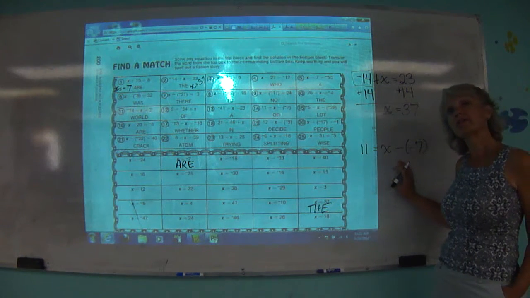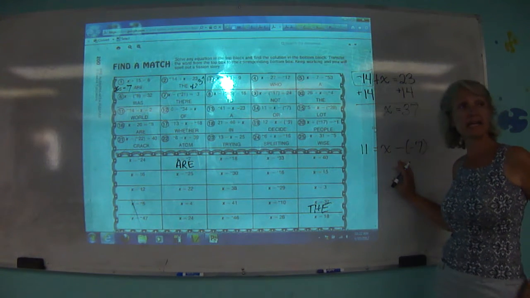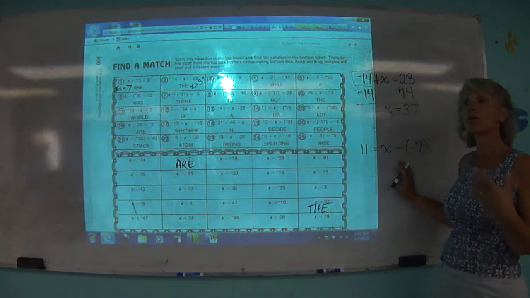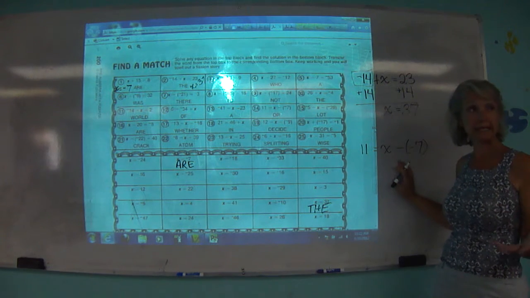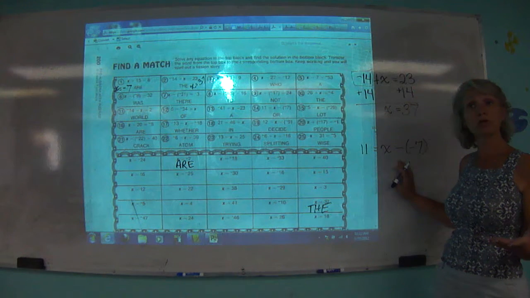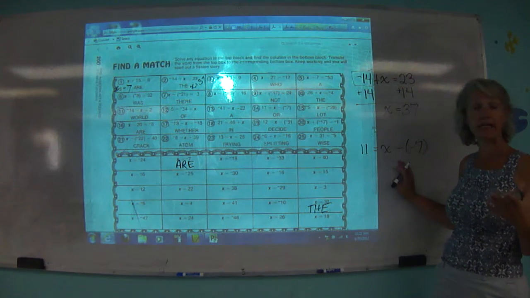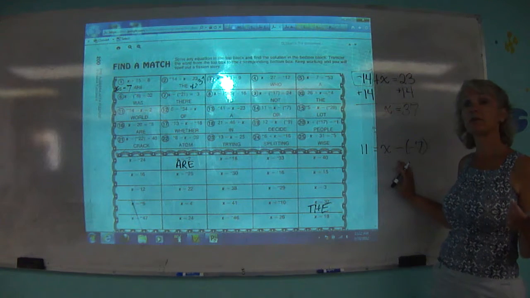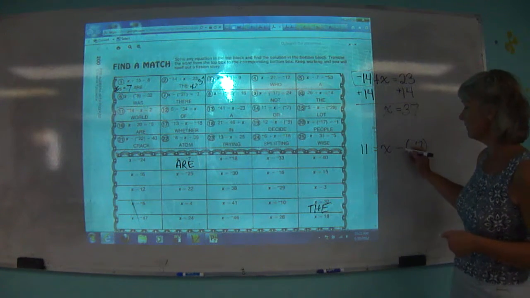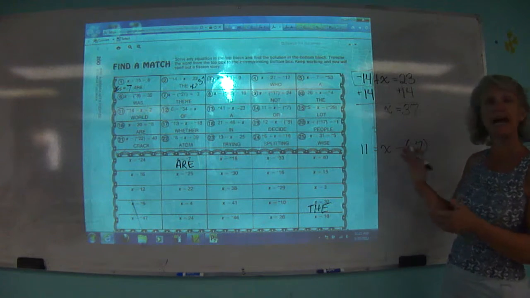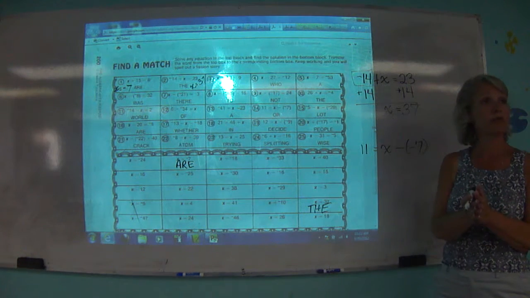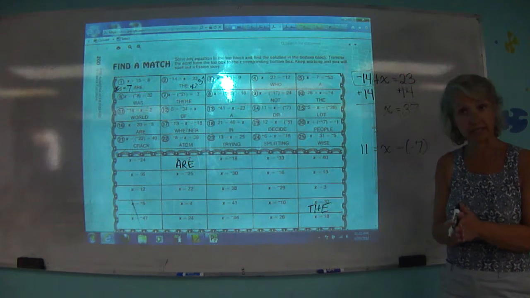I don't want to use subtraction because then I can't use the commutative or the associative property later. So what you can always do is you can change the sign, but only if you change the sign. So if this becomes addition, I have to change the sign of the number that immediately follows it.